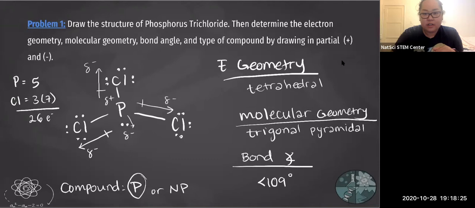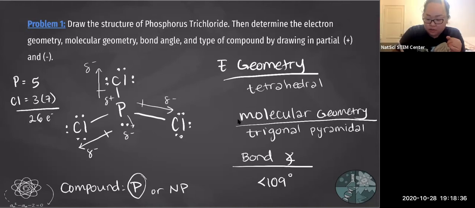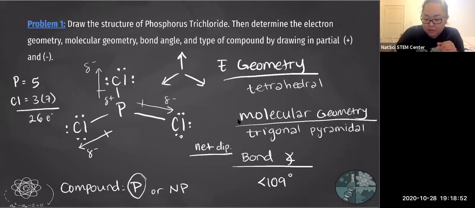Did I lose anyone at any point? Yeah, maybe just a clarification on the net dipole moment a little bit further. Yeah, so what I mean by that is, if you're pulling something in all directions, the net dipole moment, I'm just going to write net dipole moment, would be a straight line.